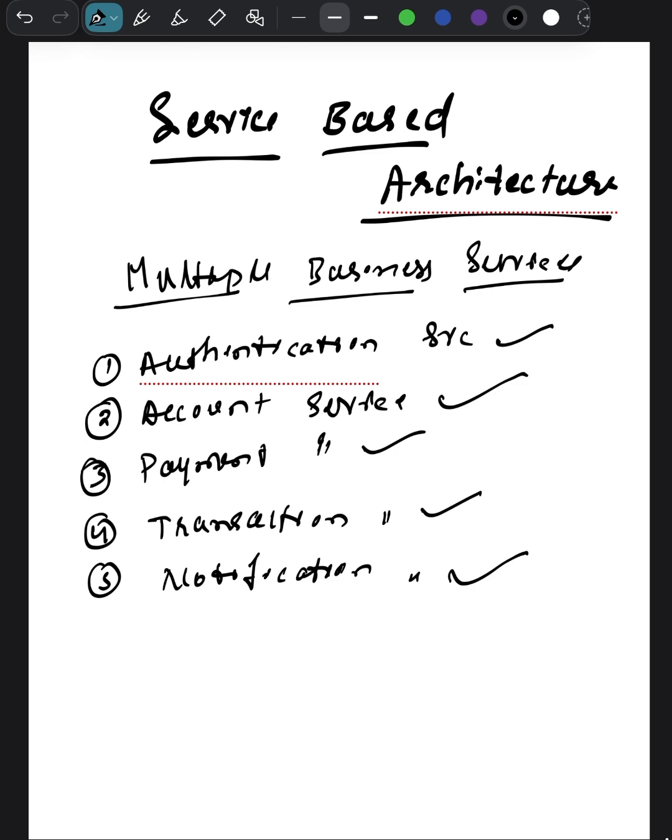And the service-based architecture also handles independent business logic. Business rules are distributed across services instead of being concentrated in one large application. One service handles its own business rules. How the user should be verified is taken care by authentication service.